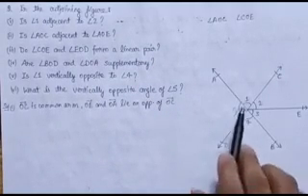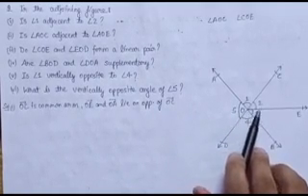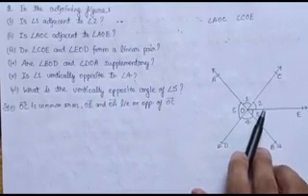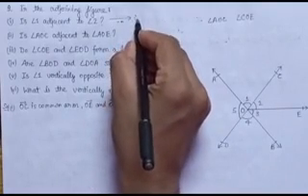So you can see the conditions are fulfilled. Hence we can say angle 1 and angle 2 are adjacent angles. So our answer is yes.